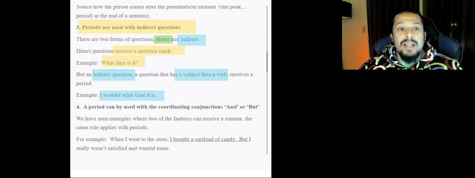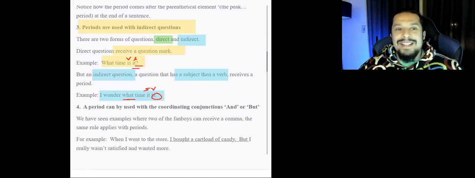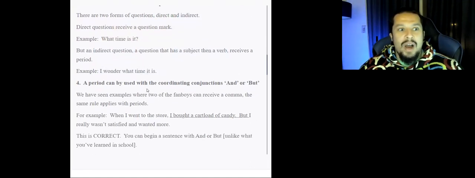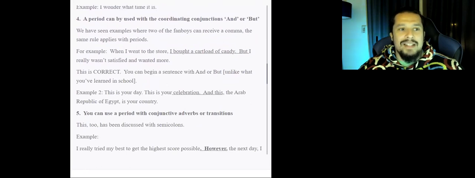See the difference, because this is how the questions come. In a direct question, the verb comes before the subject, but in an indirect question, the subject comes before the verb. See the difference in order? So we use a period with the indirect question. Wow! Oh my God, it's so easy.